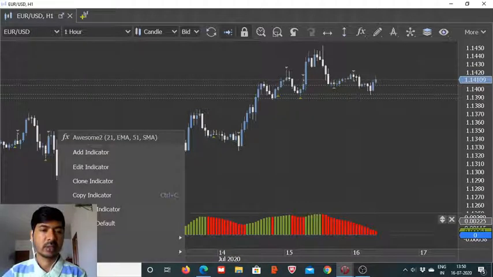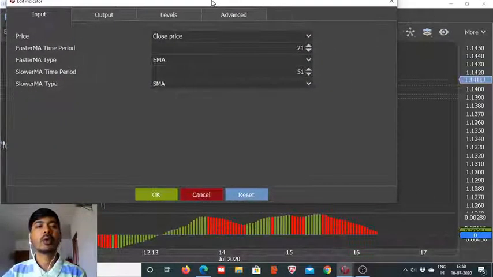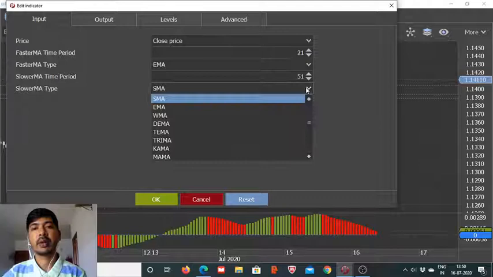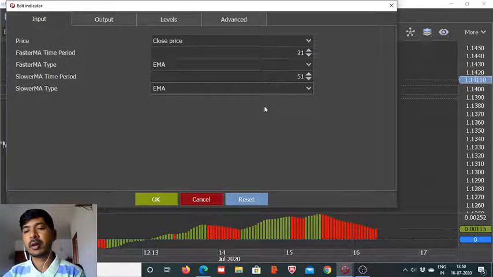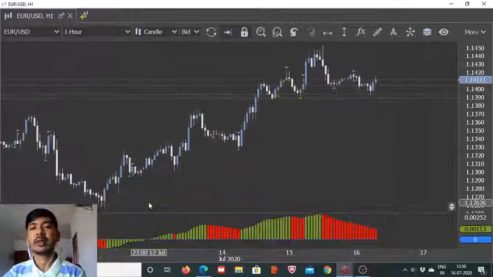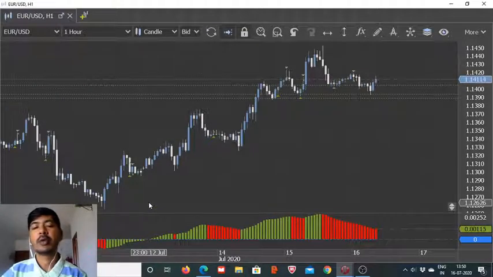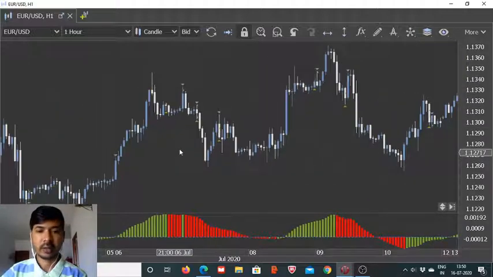Again, let us change the slow SMA time type as well. Just pay attention to the bars of the Awesome Oscillator. Again, these have changed. So here, as soon as I change the SMA values to the EMA values, the formation has changed to some extent.